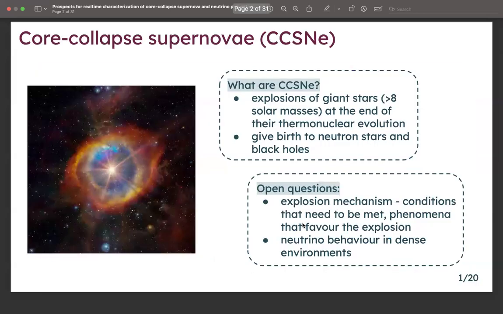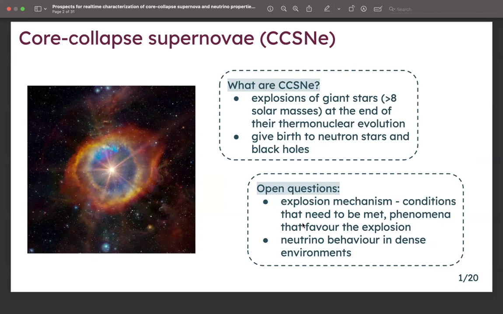I am not completely sure if everybody here is normally present, but just in case we have some newcomer appearing this new year: I will talk about core collapse supernovae, which are explosions of giant stars. Typically, this involves masses above 8 solar masses at the end of their thermonuclear evolution, which give rise to neutron stars or black holes.